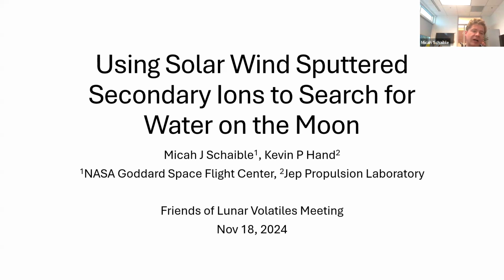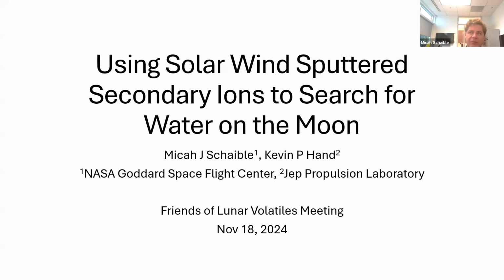This work grew out of some of the sputtering calculations that I did during grad school, and I collaborated with Kevin Hand at the Jet Propulsion Laboratory, whose lab I used to take a lot of these measurements.